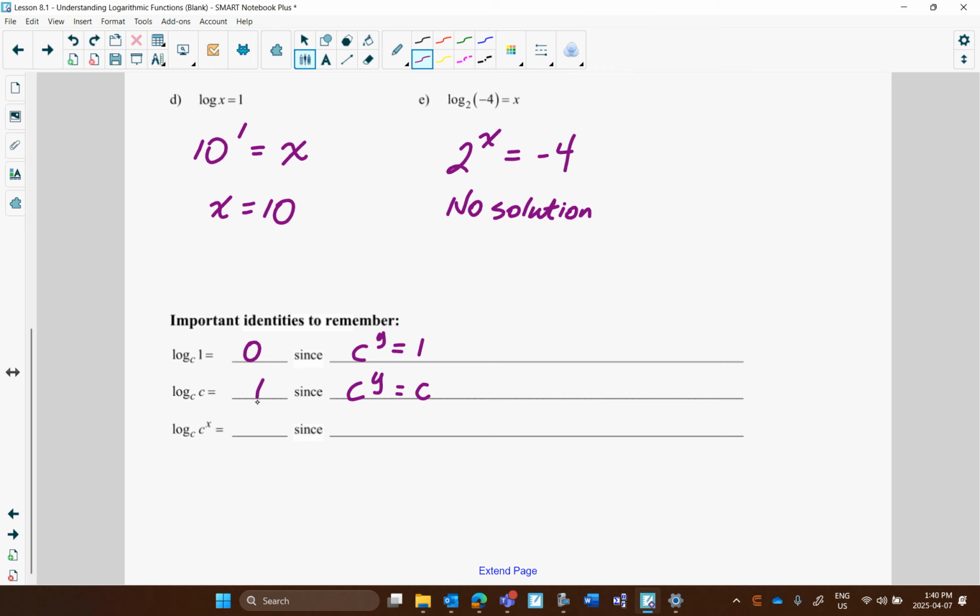And this one, if you think of this in the exponent form, c to the, whatever the answer is, I'm calling it y, equals c to the x. Well, that means it must be x. Right? Because c to the x equals c to the x. But you don't really have to worry too much about those. As long as you are able to convert it to exponential form, you should be able to figure it out.